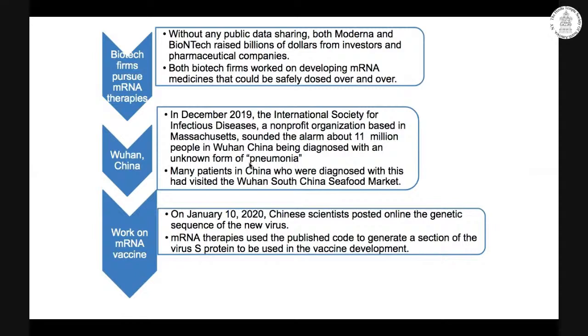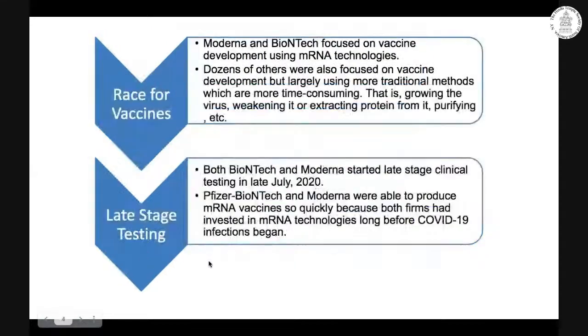Work on mRNA vaccines. On January 10, 2020, Chinese scientists posted online the genetic sequence of the new virus. mRNA therapies use the published code to generate a section of virus S protein to be used in the vaccine development. Race for vaccines.